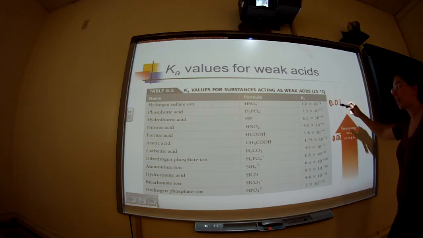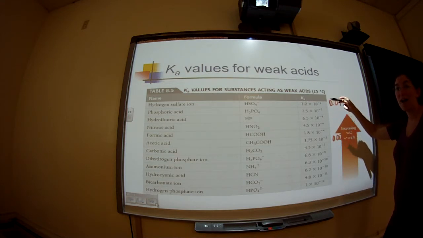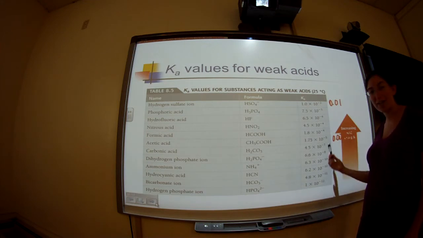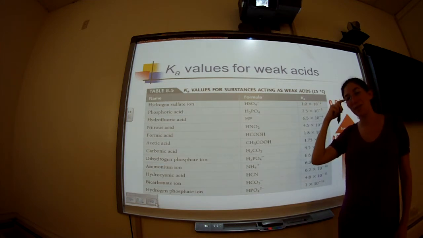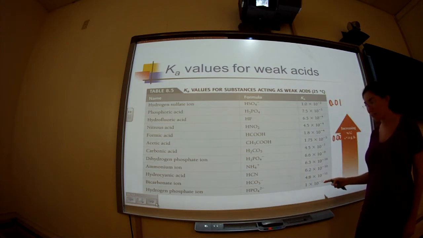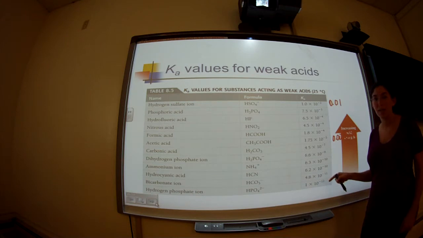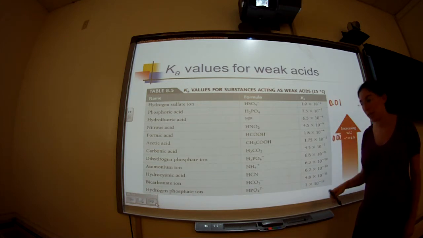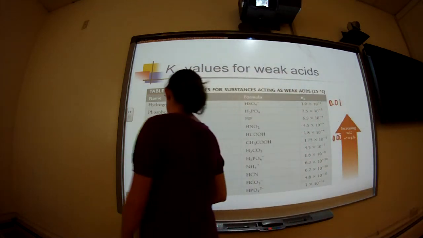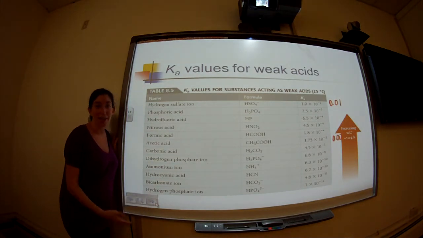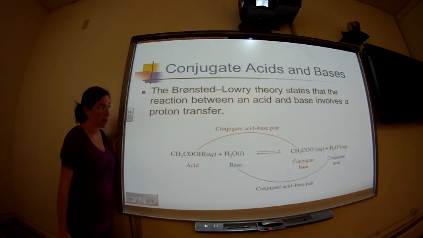But just to illustrate that this number is, in fact, higher than these numbers down here. Sometimes negative exponents confuse you momentarily because you think 10 to the 12th is higher than 10 to the 2. But 10 to the negative 12 is much smaller than 10 to the negative 2. Okay. So the larger the Ka, again, the stronger the acid is.